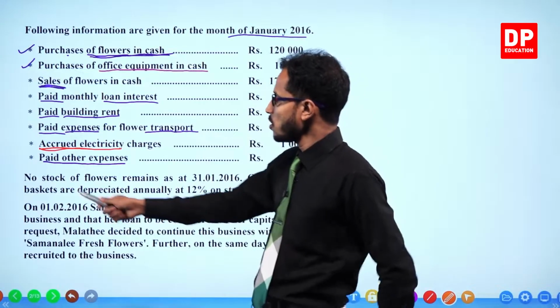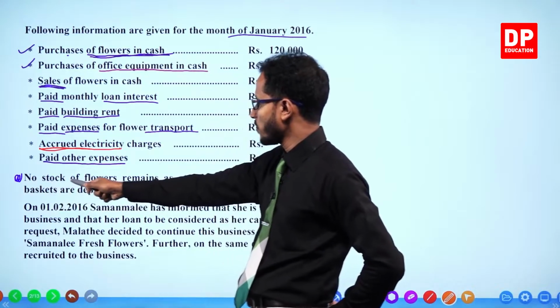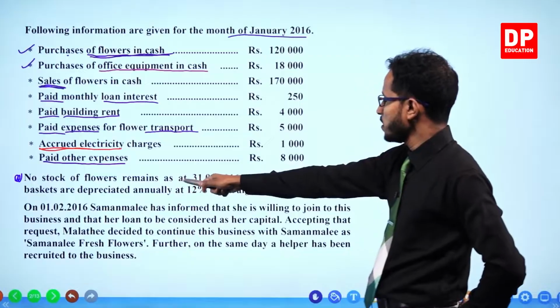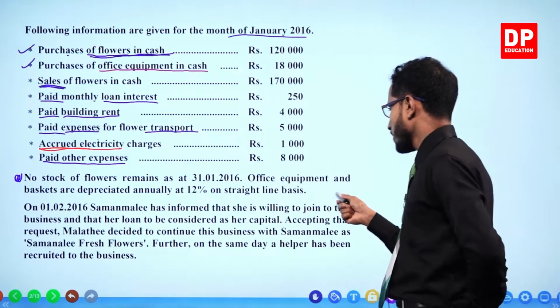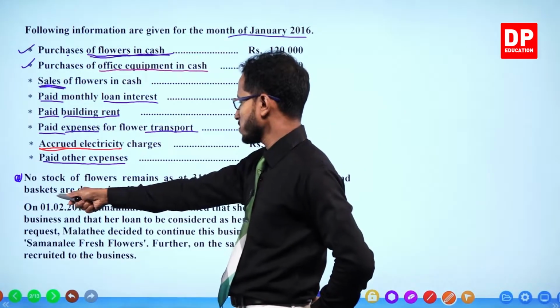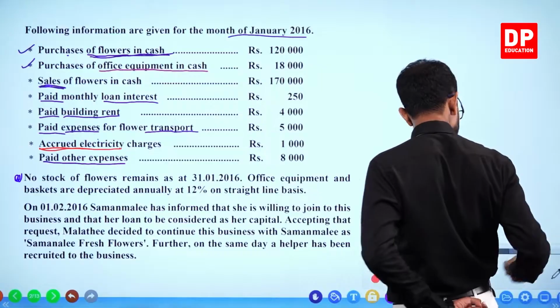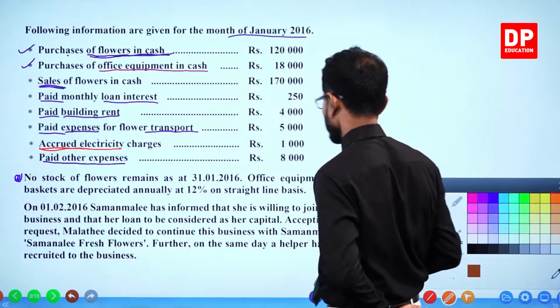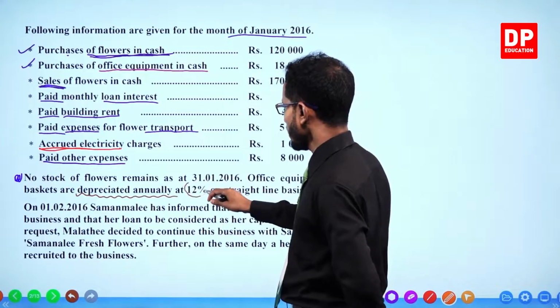Right. No stock of flowers remained at the end of the month, 31st January. Office equipments and baskets, depreciation 12%. Depreciation is annually 12%.